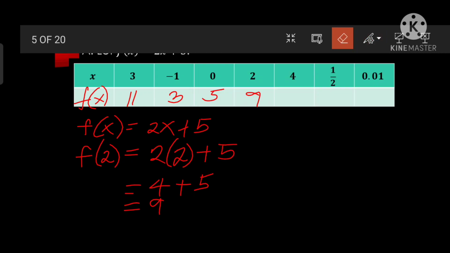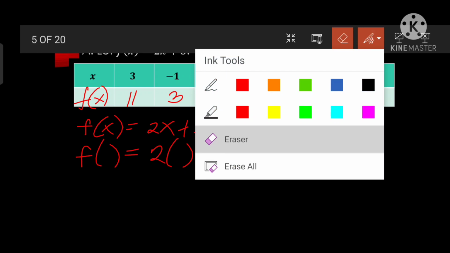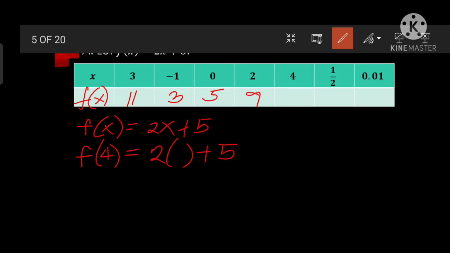And next, we have 4. When x is equal to 4, 2 times 4 is equal to 8, plus 5 is equal to 13. So this is actually 13.